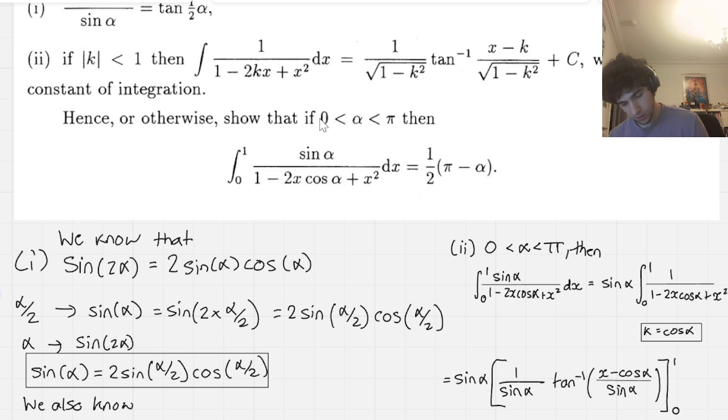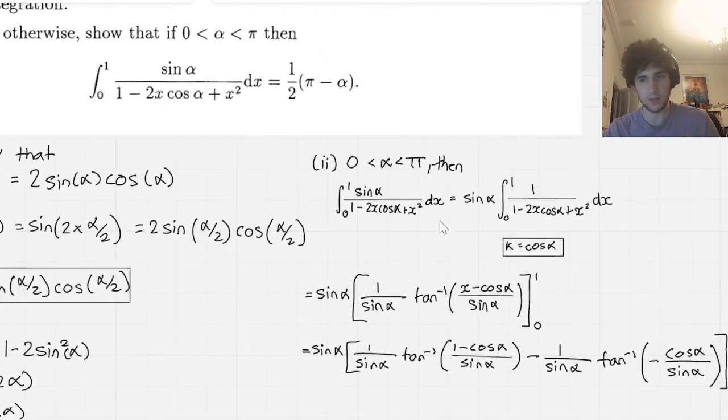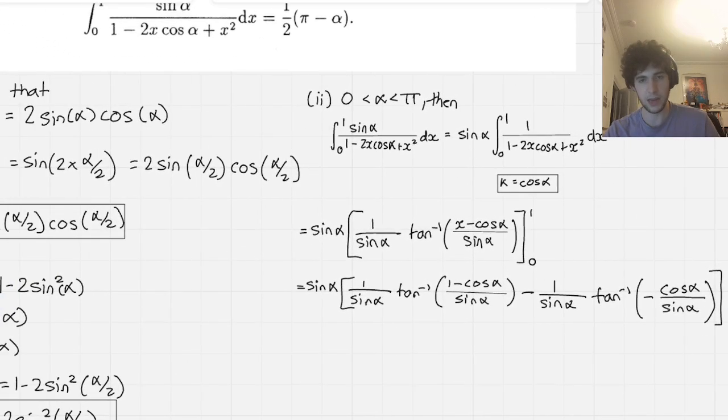And then I subtract from that 1 over sine alpha arctan of 0 minus cosine alpha, so that's just minus cosine alpha over sine alpha. So this is really what I get when I evaluate that. I realize I've slightly gone off screen here, but that's what I get when I evaluate that big mess when I do that integral.